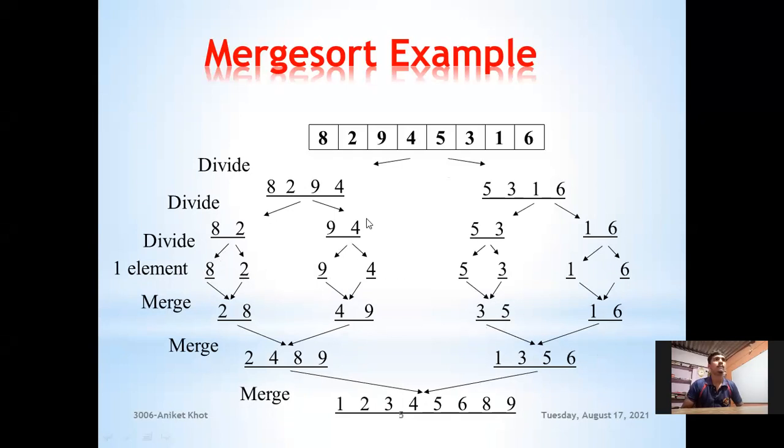So here it first breaks into the left hand side. After merging these two, the call goes to here. Similarly here, after these two merge, the call goes here, and then these two are merged.